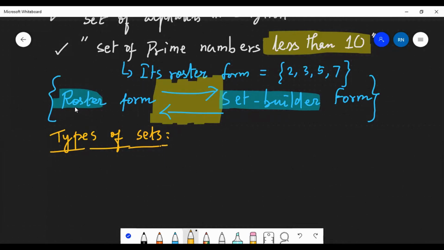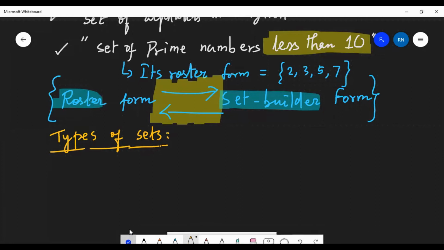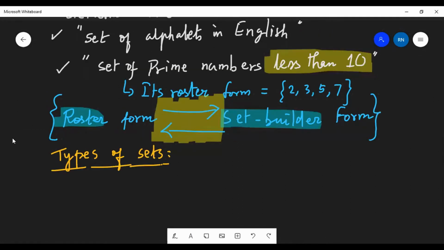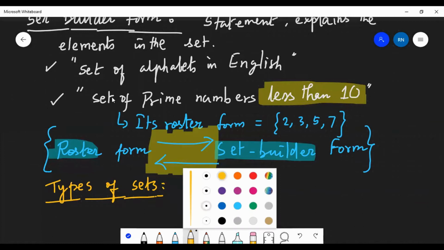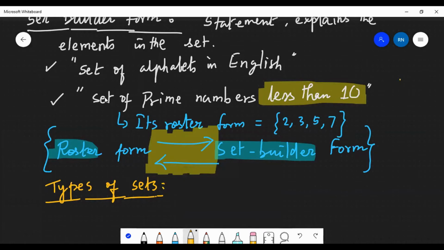Previous point, in the book there is a roster form, there is a set builder form. Yeah, some examples you have seen. But this is right in front of you. There is an example. You can convert from roster to set builder. That's what I have shown you here. Set of prime numbers less than 10. Now this is an explanation statement.